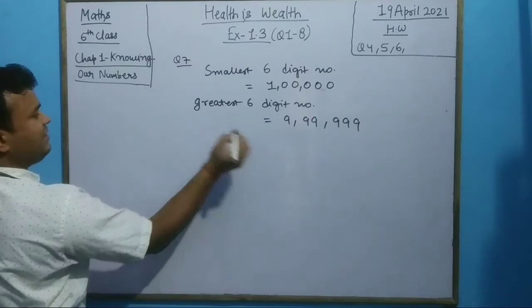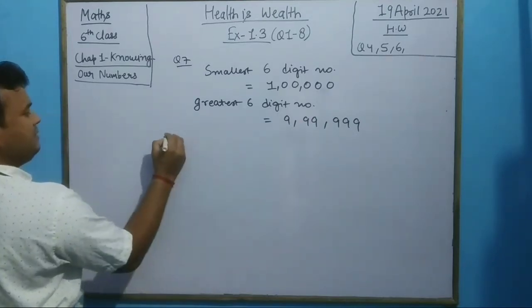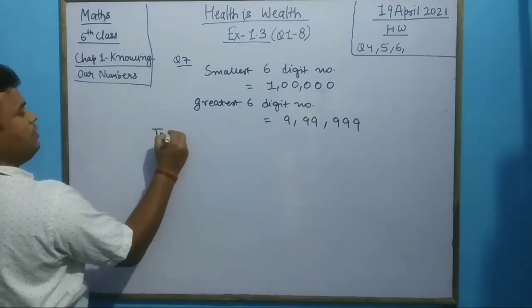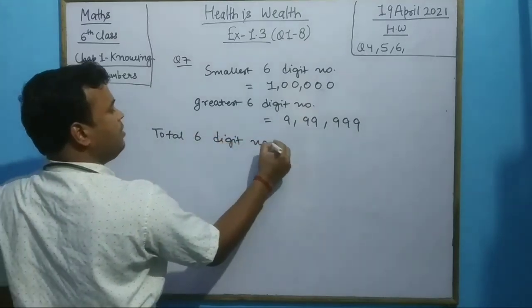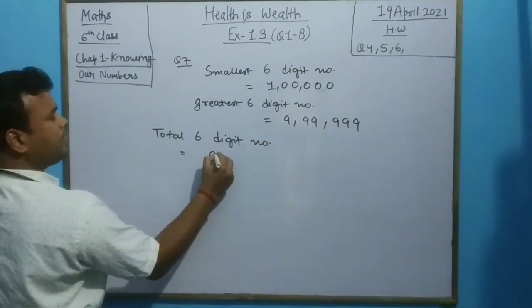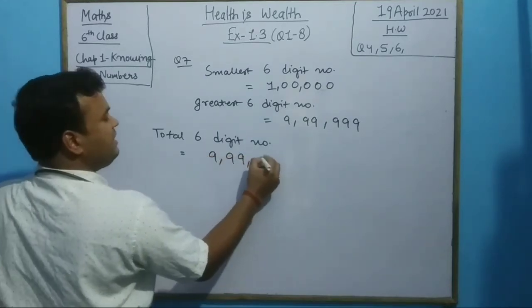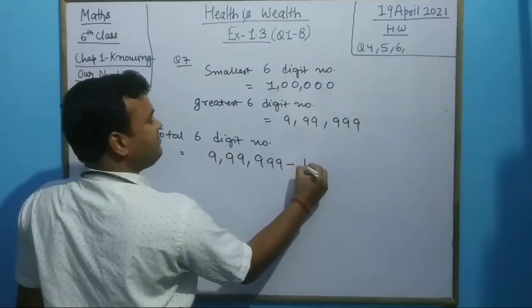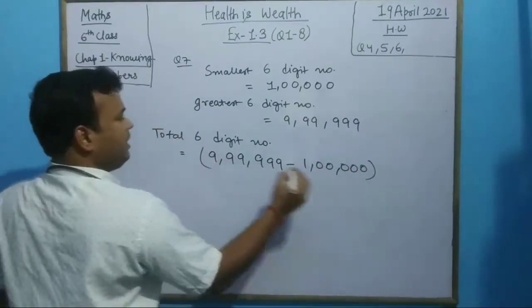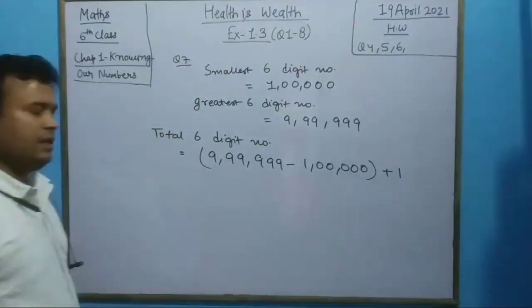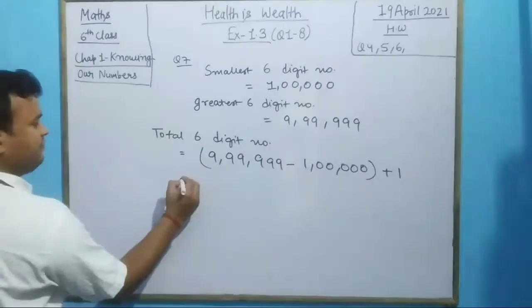So similarly we will do it. Now let us subtract them and add 1 after that. So total 6-digit numbers equal 9,99,999 minus 1 lakh, and then add 1. We need to subtract first.